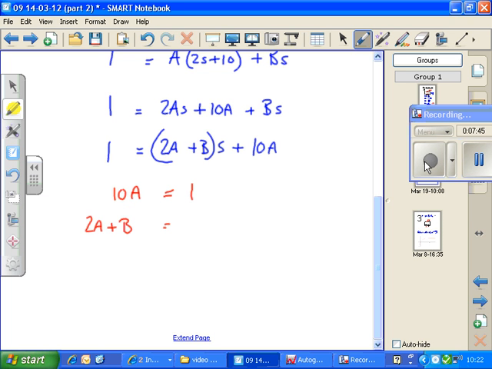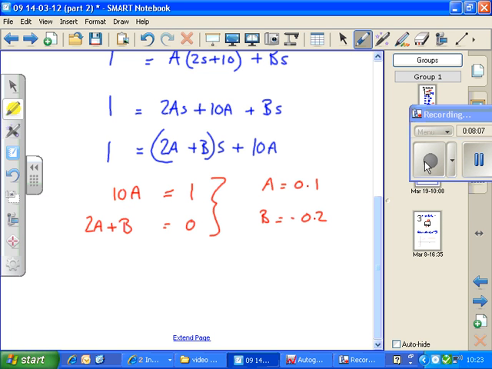So 2a plus b equals 0. And from those two, we can straight away say that a equals 0.1, dividing both sides by 10. Putting this value into the second equation, we get that b equals minus 0.2.